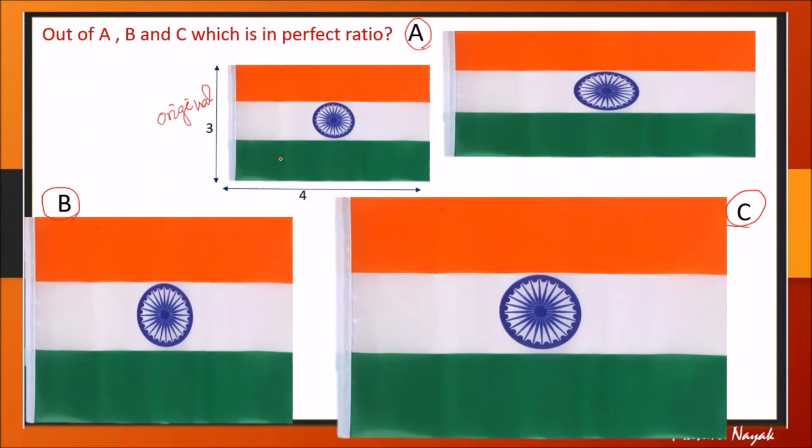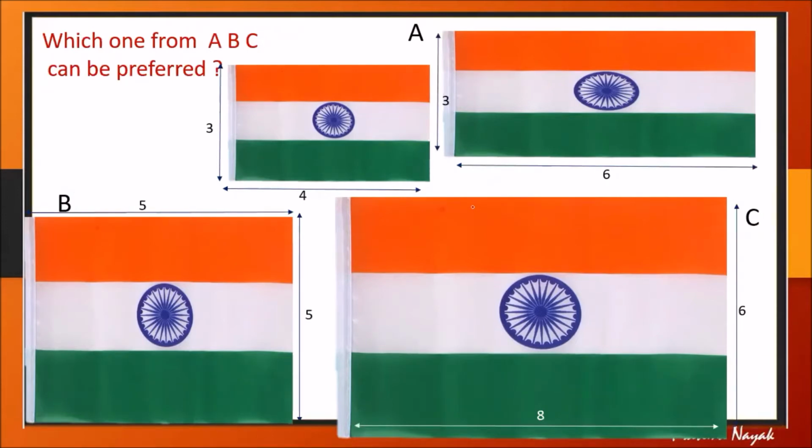That means when the ratio of length and breadth is equal to 4/3. Will you prefer A? Will you prefer B? Or will you prefer C? Which one? So that is a brainstorming. You must be thinking which one is correct. Yes, your guess is right.